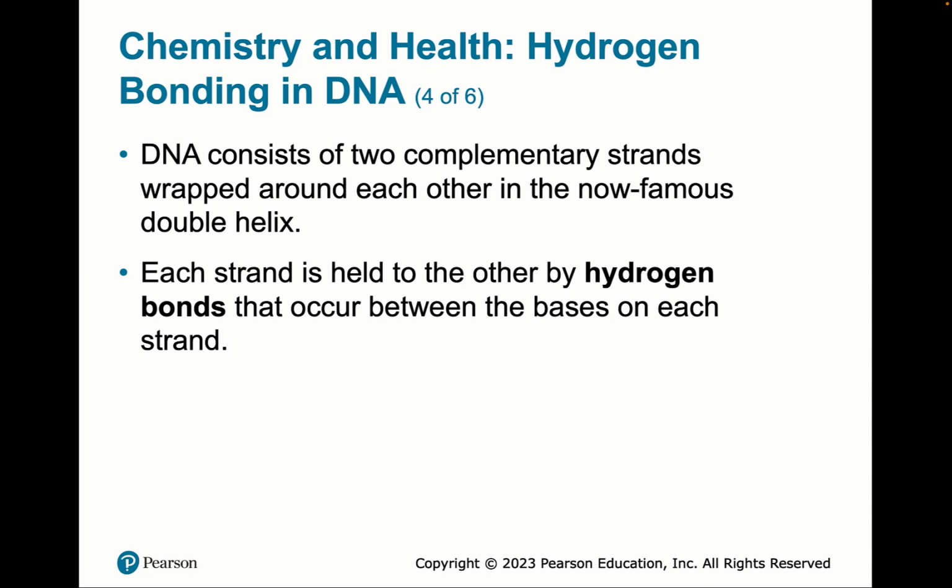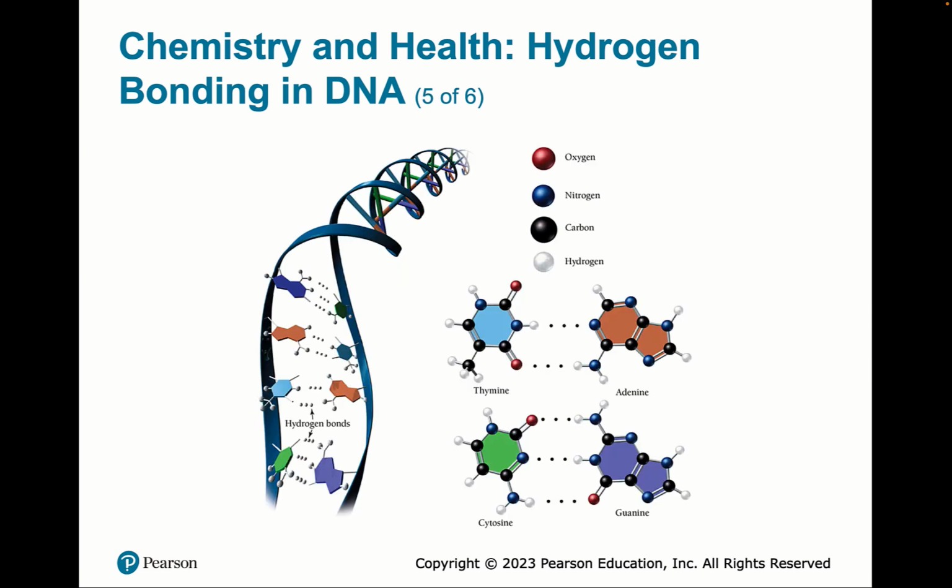Adenine and thymine bond in 2 spots, and it's oriented such that you can't bond the other one. The same is true for guanine and cytosine. They bond in 3 spots, so cytosine and guanine have a slightly stronger bond than adenine and thymine, but it's not that strong.